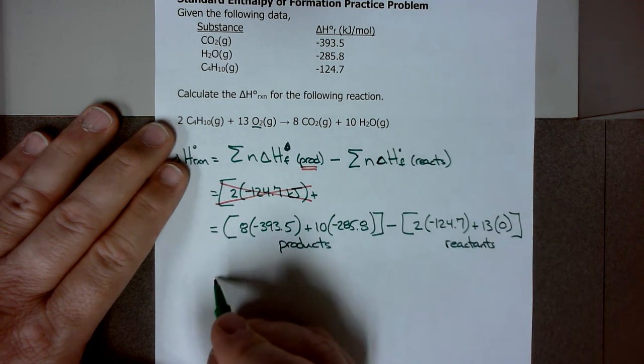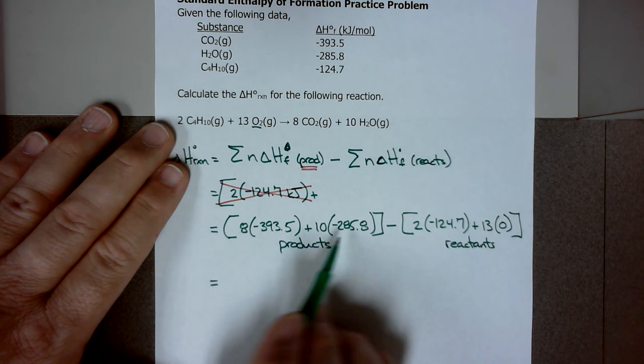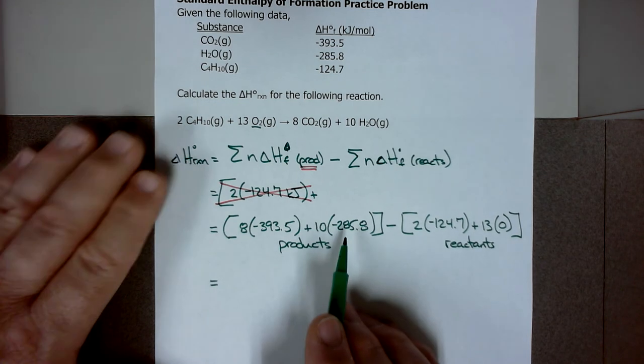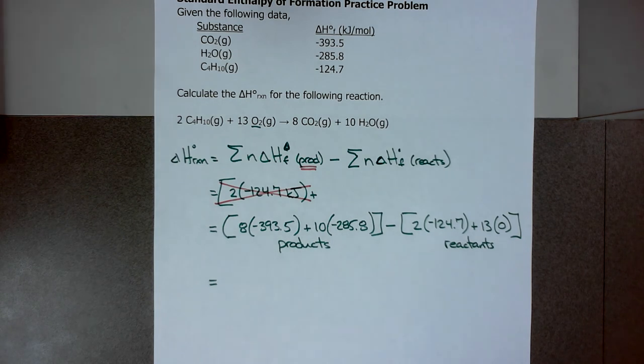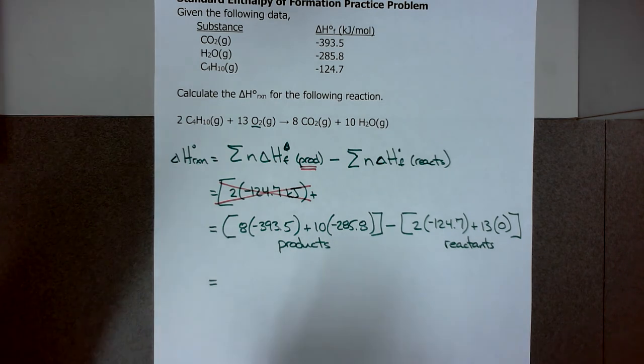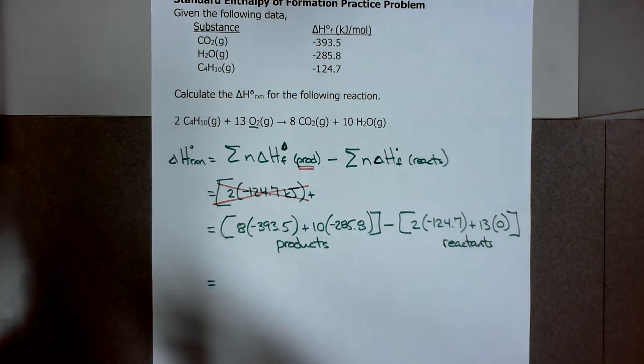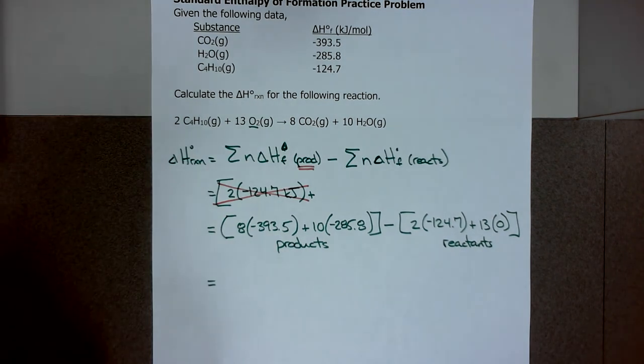And I'm not going to do each one individually. I'm just going to show the work here, the products and reactants. So we've got 8 times 393.5.